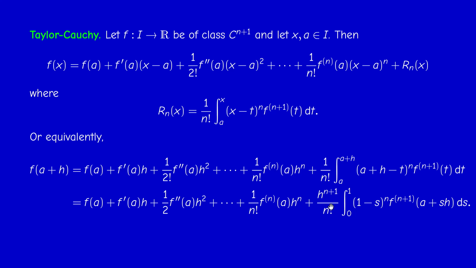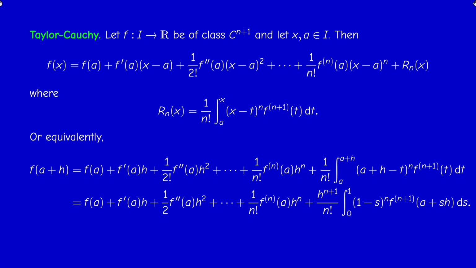So you can write this as h to the power n+1 divided by n factorial times this integral of (1-s)^n times the (n+1)th derivative of f at this point. And you can now put t instead of s if you like. So (1-t)^n f^(n+1)(a+th) dt, t between 0 and 1.